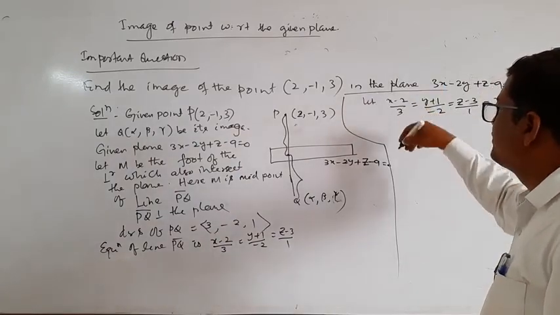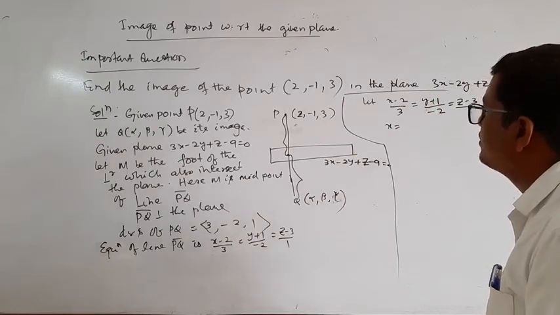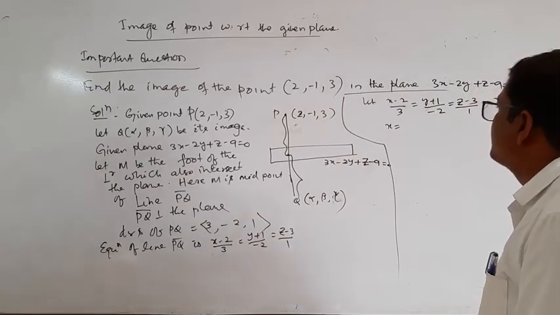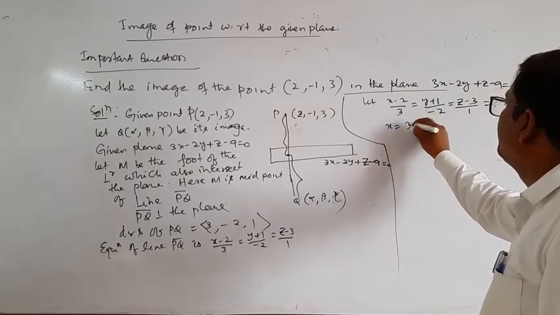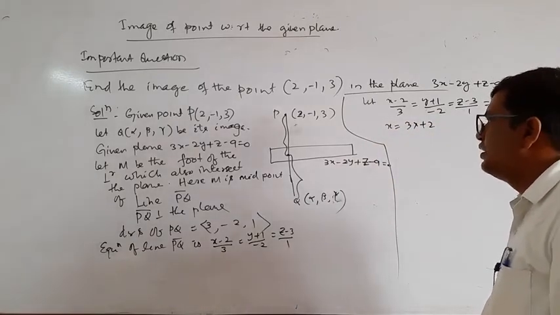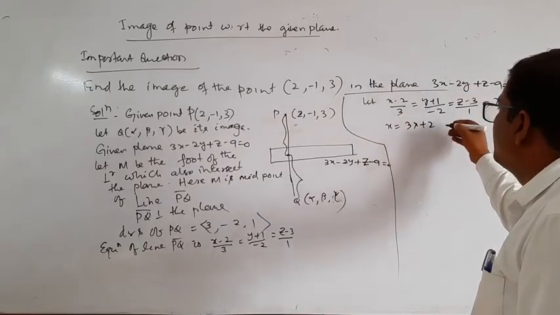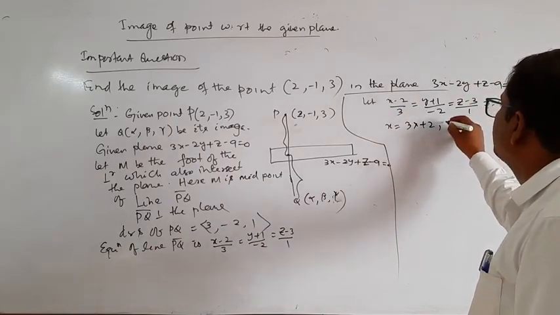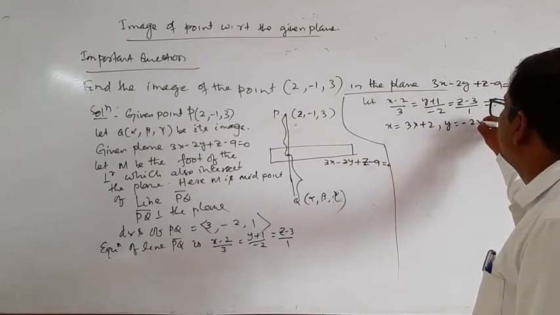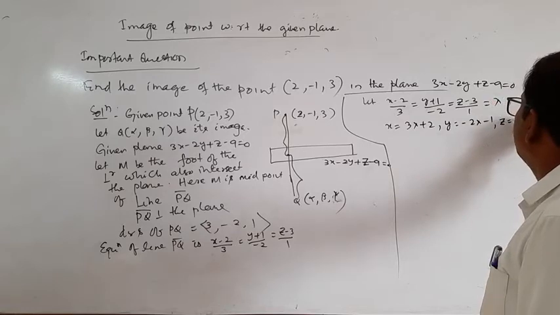That implies x is equal to 3 lambda plus 2, y is equal to minus 2 lambda minus 1, and z is equal to lambda plus 3.